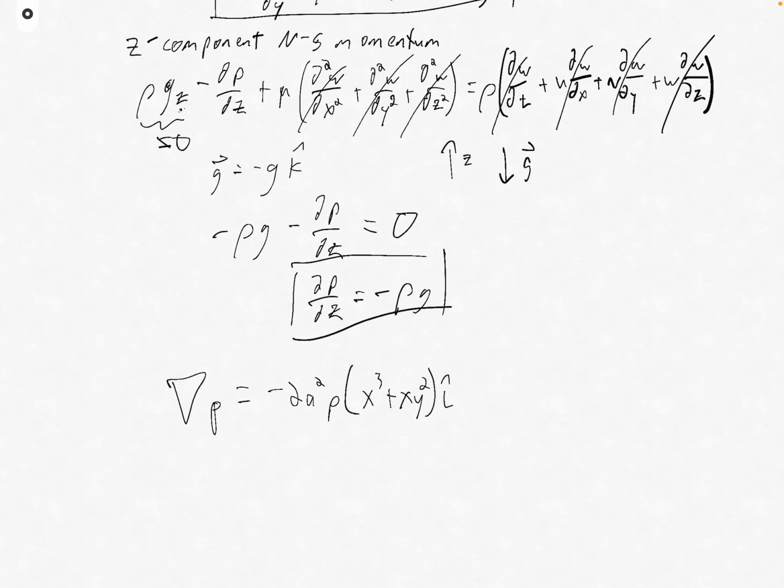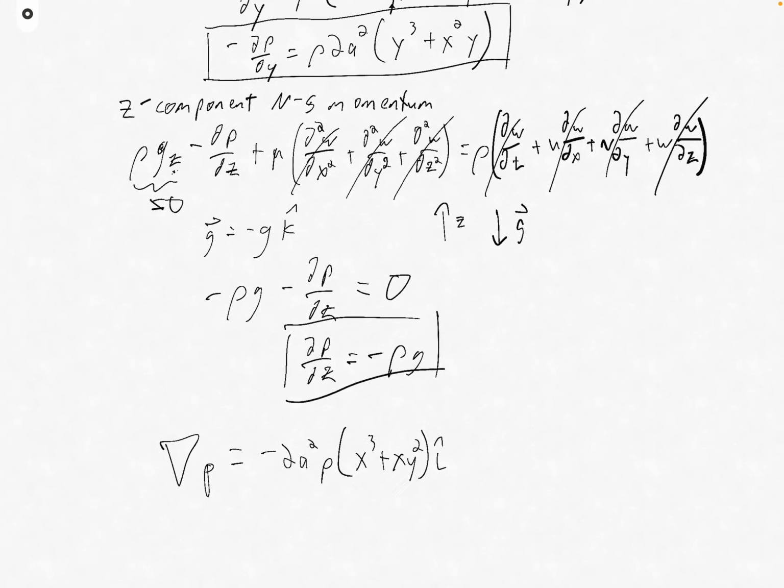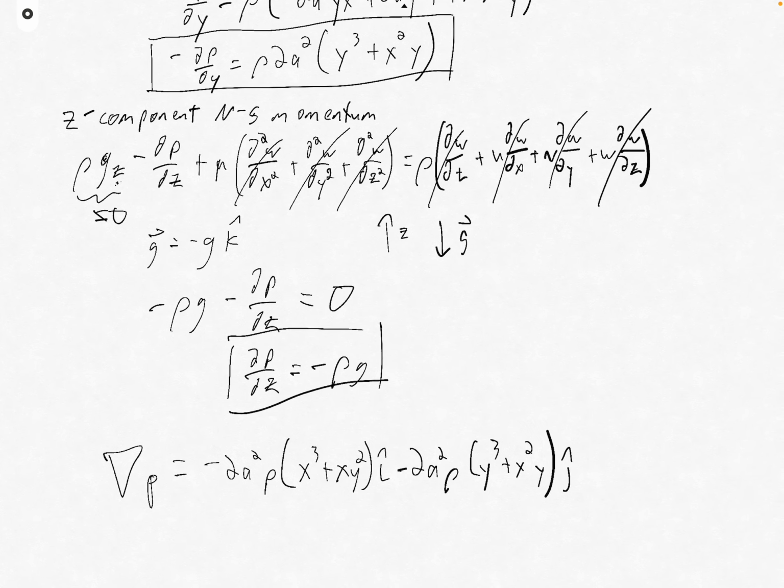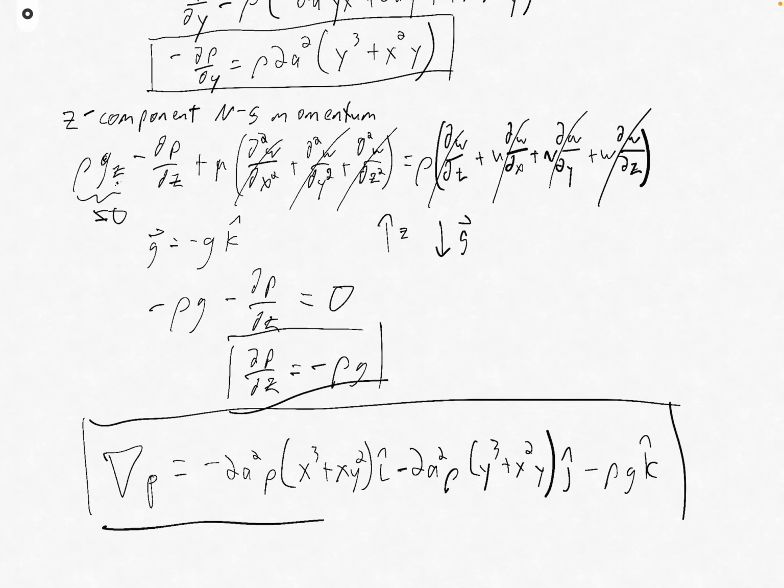So times the unit vector in the x direction. And then it's going to be minus 2a squared rho times (y cubed plus x squared y) times that j component, minus rho g k, which gives us that z component of the pressure gradient.